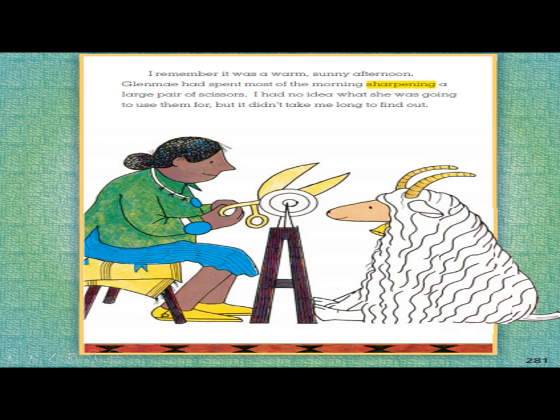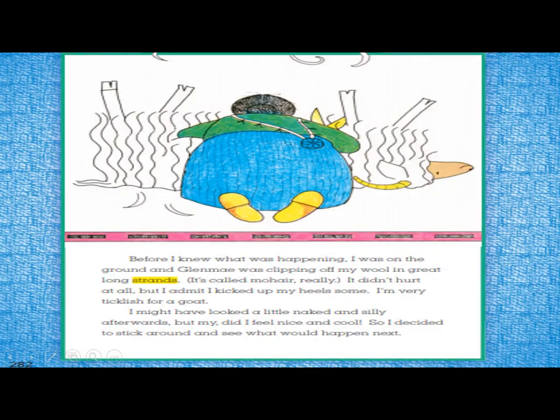But it didn't take me long to find out." Think, what would Glen May use these big, huge scissors for? I think you started guessing. She was making them sharp to cut easily. And what is she going to cut? I think you will find out in a bit.